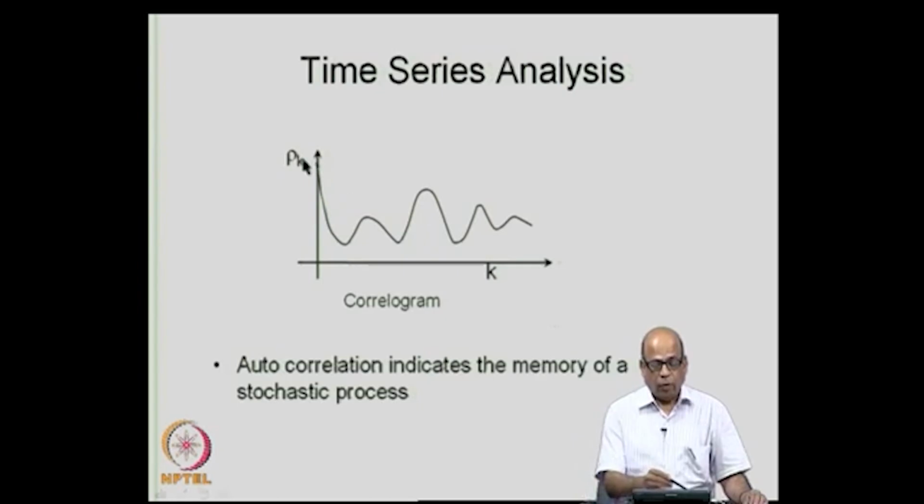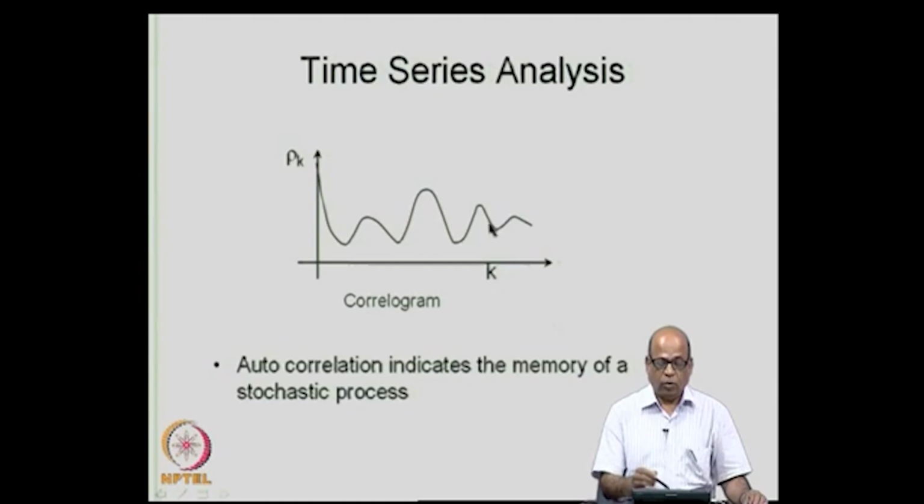So, if you plot rho k versus k, this is variously called a correlogram or autocorrelation function. This actually indicates the memory of the process. That means, how far into the time it remembers. For example, x t plus k depends on x t.